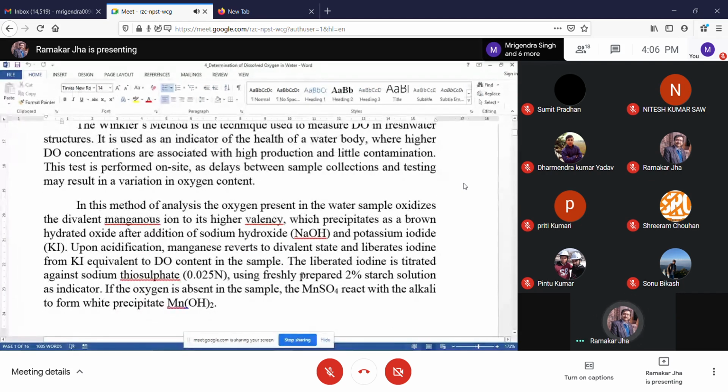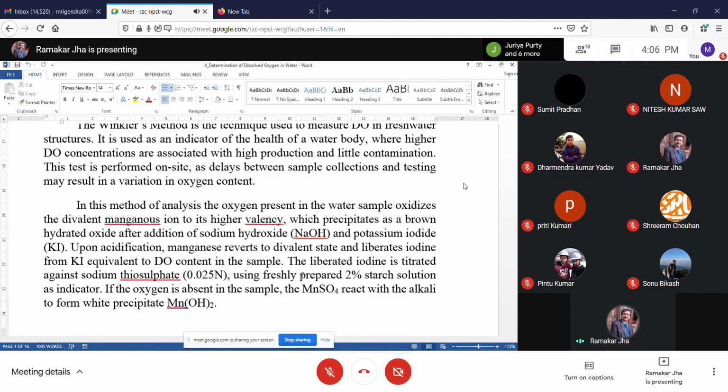In this method of analysis, oxygen present in the water sample oxidizes the divalent manganese ion to its higher valency, which precipitates as a brown hydrated oxide after addition of sodium hydroxide. What we are really doing is using manganese ion and sodium hydroxide.